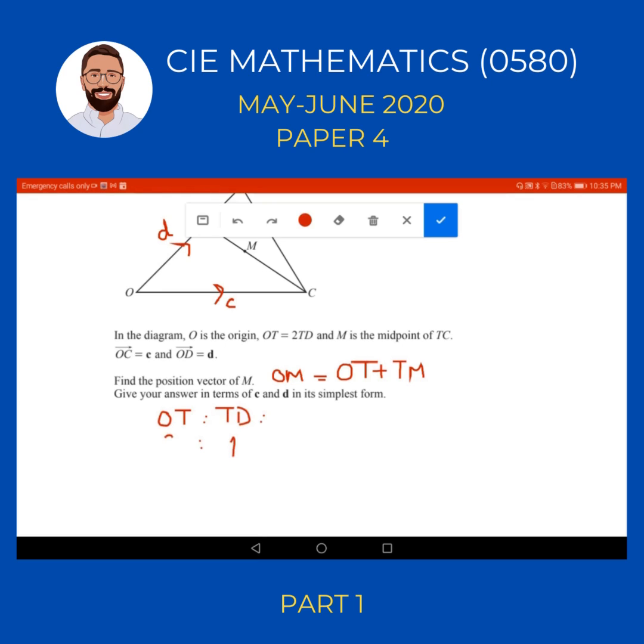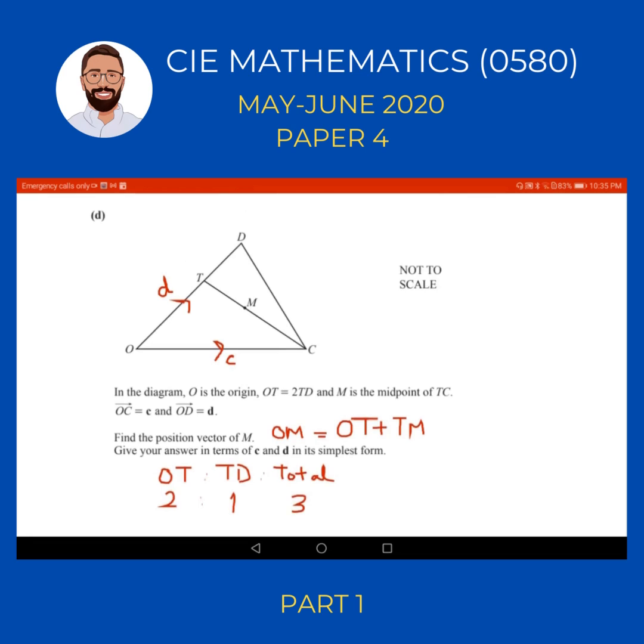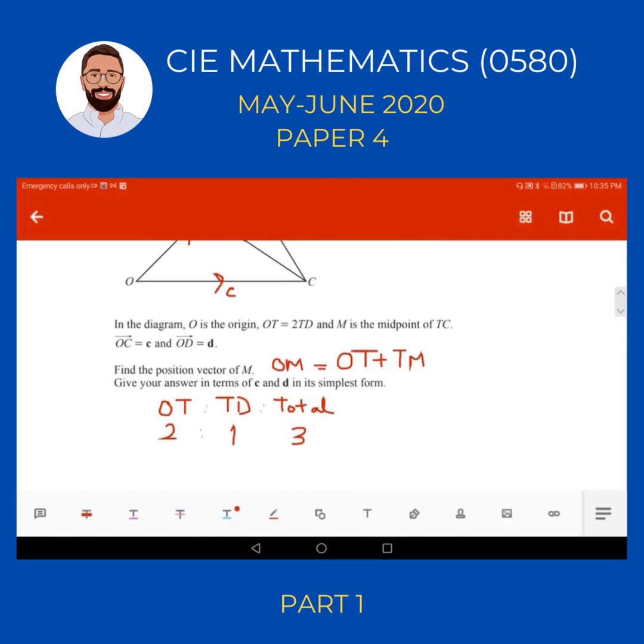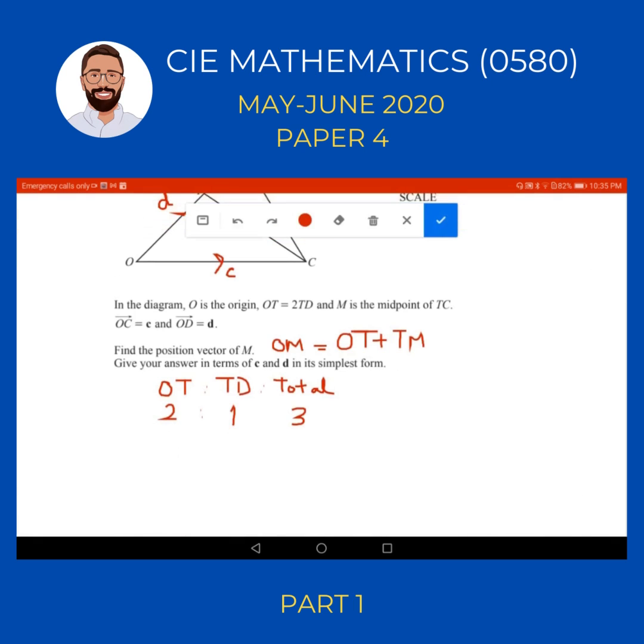so OT is 2. And the total amount is the addition of the ratios, which is 2 plus 1, and it's equal to 3. Now, since OD consists of 2 smaller vectors, which are OT and TD, OD, which is D, is the total of the 2 vectors OT and TD.